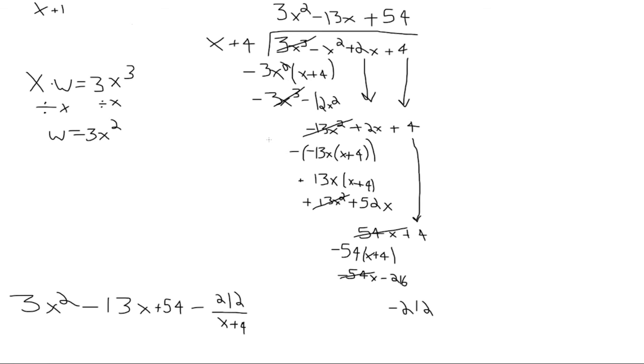Okay. All right, and just to make it really clear why we do this with the remainder, I'm just going to say we started with 3x cubed minus x squared plus 2x plus 2x, right? And the whole thing was divided by x plus 4.